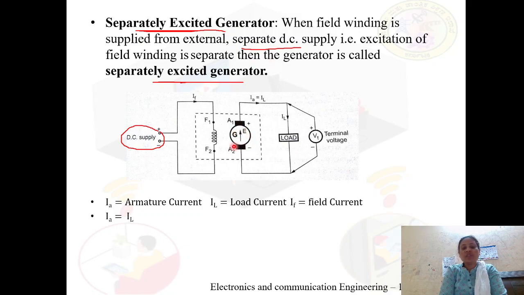The armature will have some small amount of resistance, due to which a voltage drop will take place, and we call it the armature resistance voltage drop, which we indicate as IA into RA. Armature resistance RA and current through armature IA give the armature resistance voltage drop.